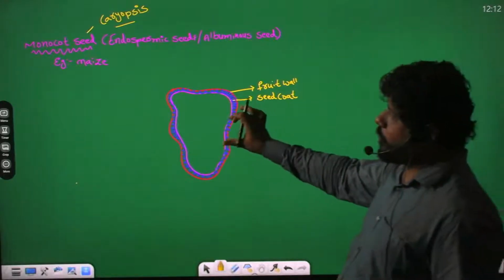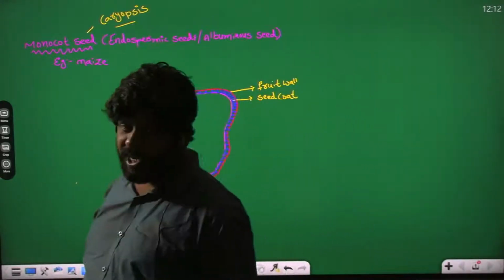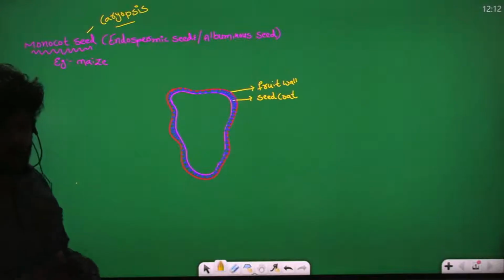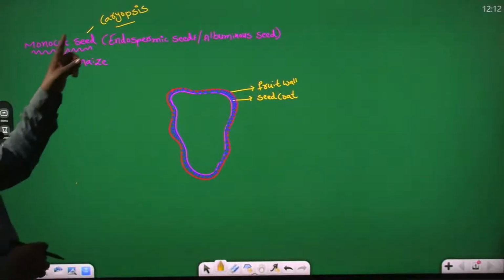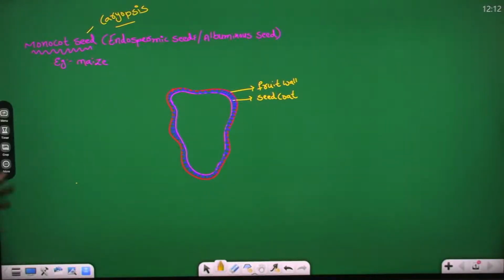That's why the monocot seed is also called caryopsis. Not only in maize, in other monocot seeds also both are fused, that's why all monocot seeds are called caryopsis.